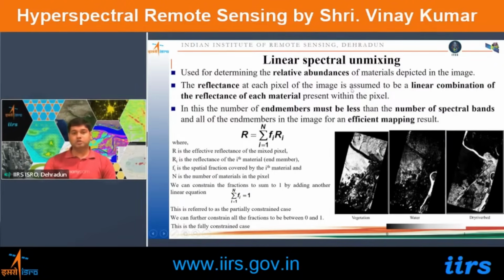Reflectance at each pixel of the image is assumed to be a linear combination of reflectance of each material present within the pixel. Here, this is the reflectance of different bands. This is the reflectance of the different particular material, that is the end member, or you can say the spectral reflectance curve of the various feature. This F represents the fractional coefficient or weighted fractional coefficient of that particular target.